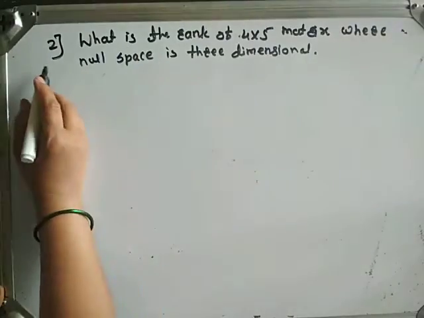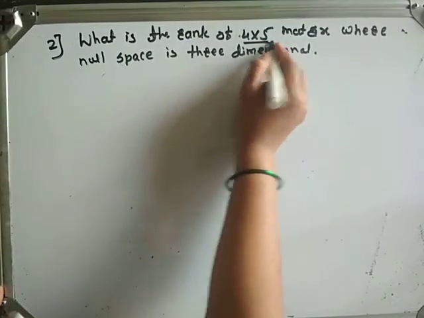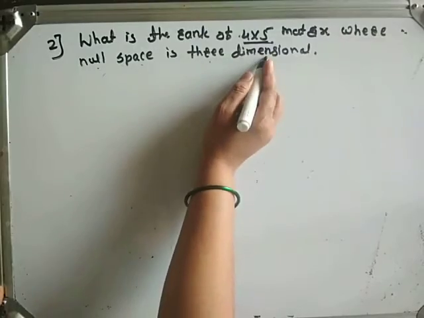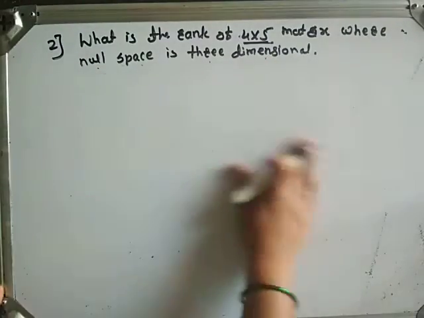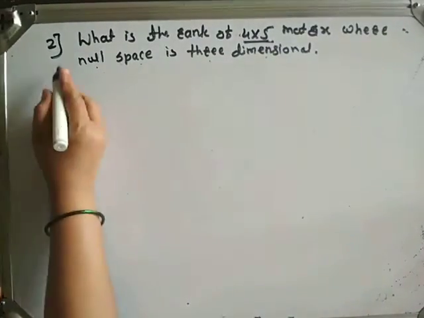Question is, what is the rank of a 4 by 5 matrix where null space is three-dimensional? Means dimension of null space is equal to 3.